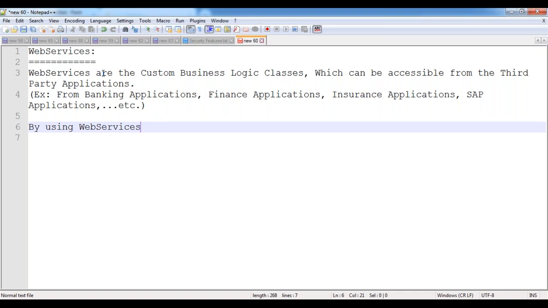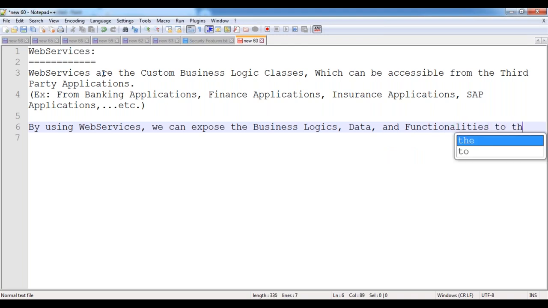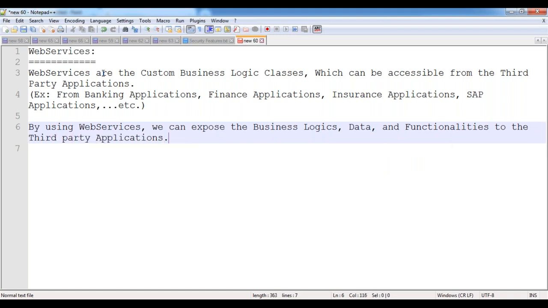Now, by using web services, we can expose the business logic, data, and functionalities to third-party applications. That means from one system to another system we are able to expose them.